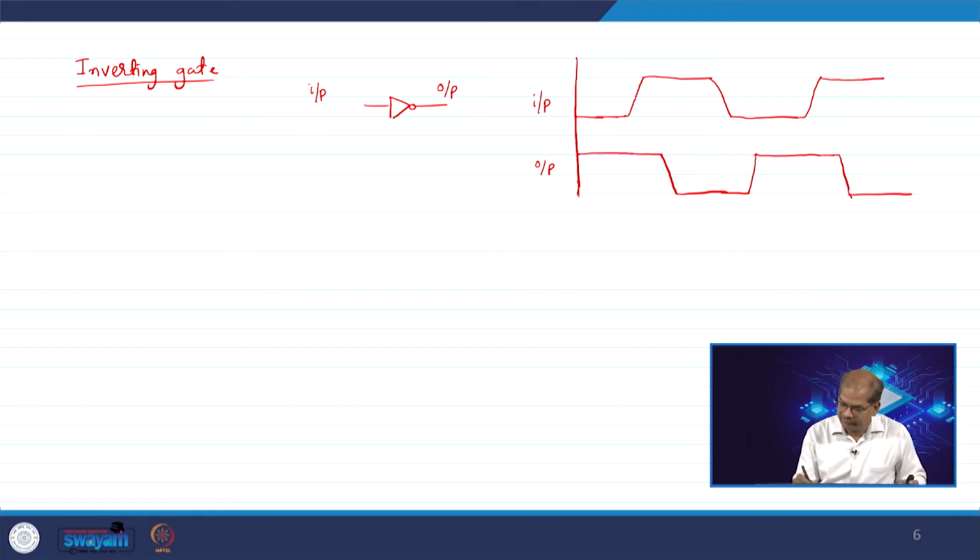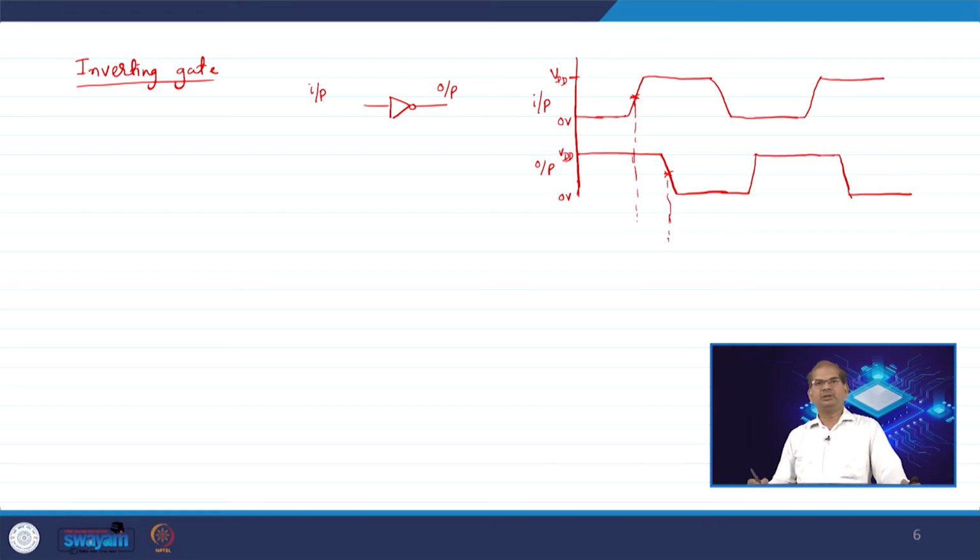Now from this point to this point, the 50%. The supply voltage is VDD here, this is 0 volt, this is VDD. I have to take VDD by 2 on the input, this point, to this point. What is the output doing? The output is falling.